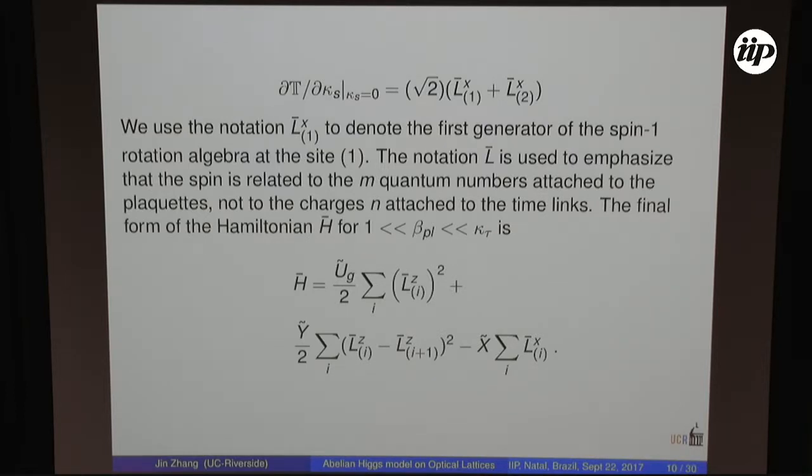Here we derive this Hamiltonian formulation under this condition, kappa tau much larger than beta plaquette, much larger than 1. But if we increase the spin truncation, this condition will be suppressed.